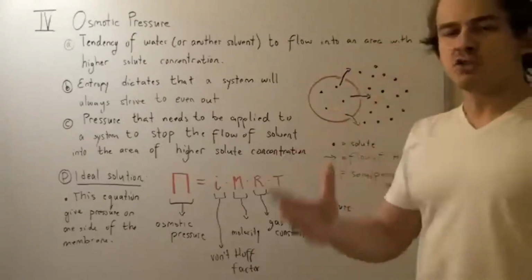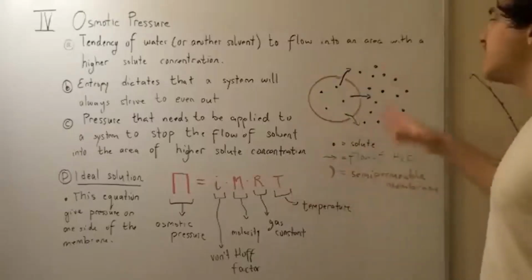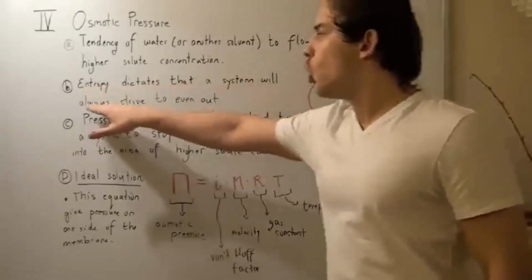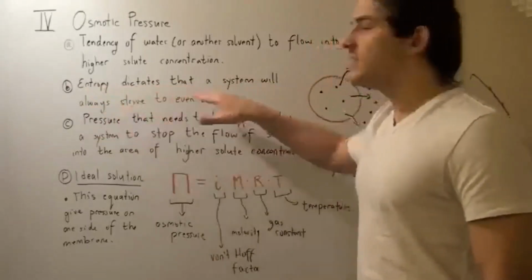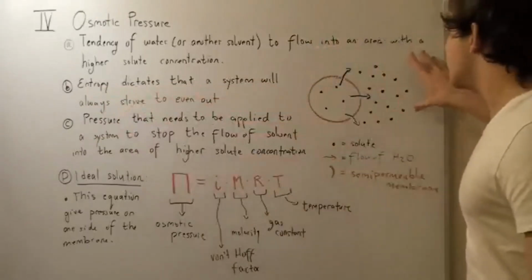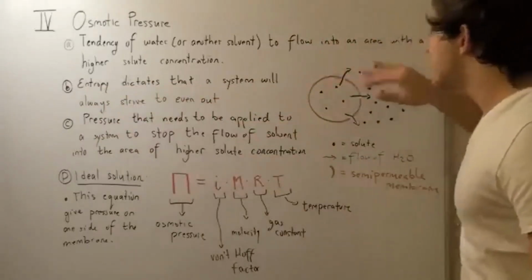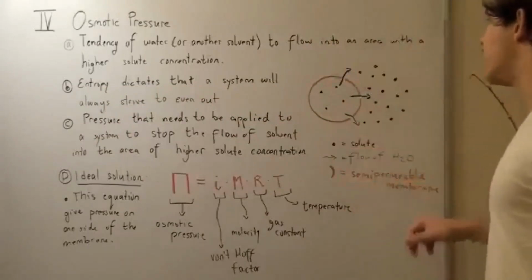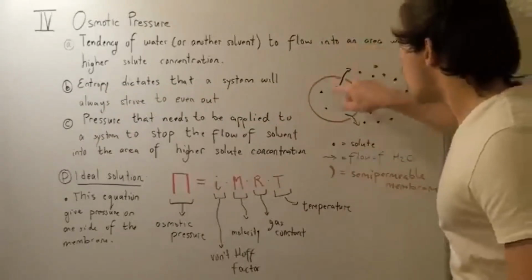So let's see what entropy tells us about such a system. Well, entropy dictates that a system will always strive to even out. And that means in this system, the solute molecules will want to move inside the cell. But remember, because this is a semi-permeable membrane, solute molecules will not be able to go inside.